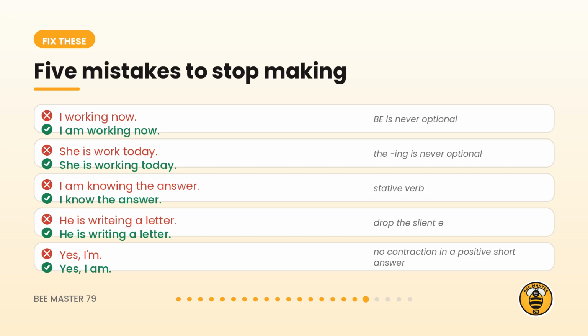I know the answer. 4. He is writeing a letter. Drop that silent E. Writing. 5. Yes, I'm. Never contract a positive short answer. Yes, I am. Read those 5 slowly. Between them, they account for most of the present continuous errors I see.